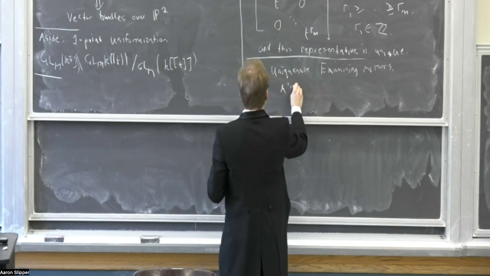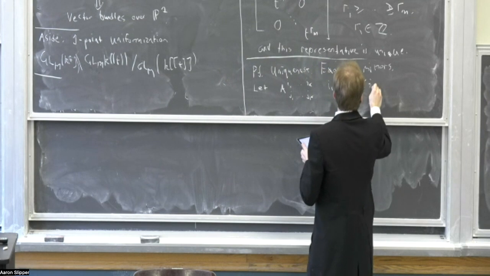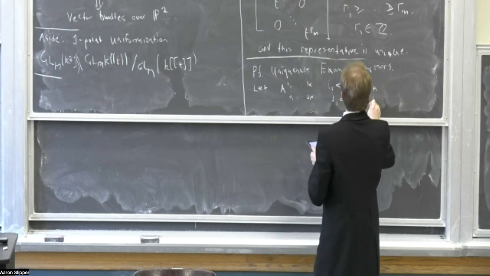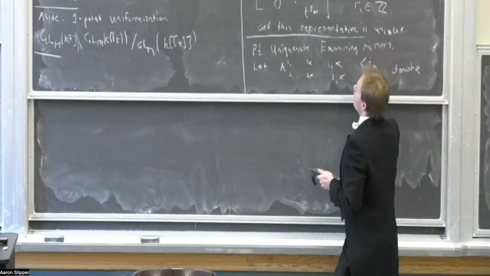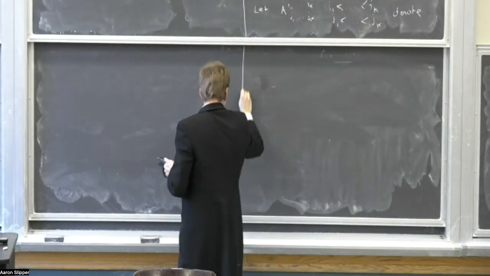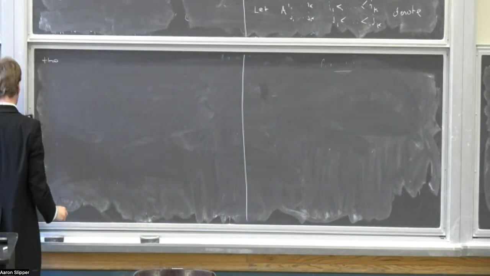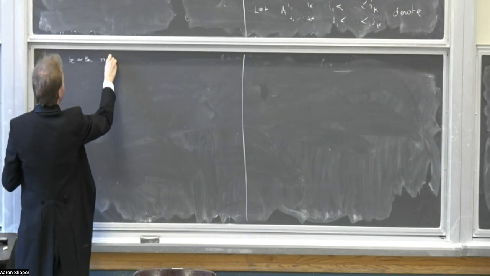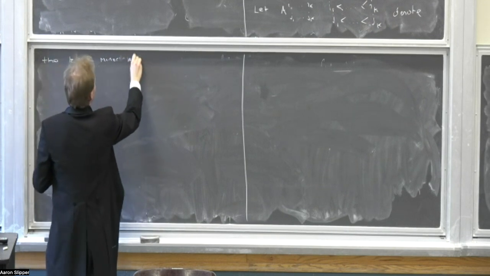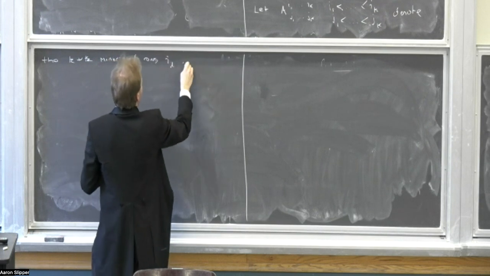So let A with indices i1 through ik, j1 through jk, for i1 less than ... less than ik and j1 less than ... less than jk, denote the k by k minor with rows i_l, columns j_l.